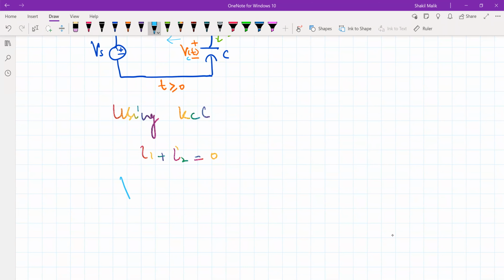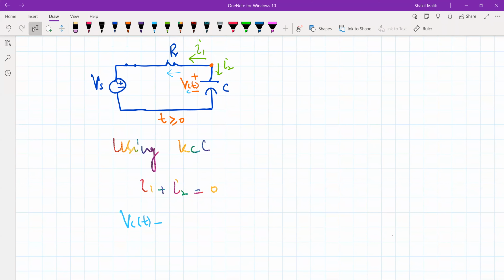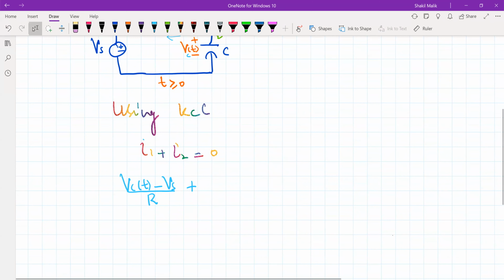So I1 is equal to Vc of t minus Vs divided by R. This is the current I1, plus I2, the current that flows through this capacitor, which we know is given as C dVc by dt. This is the capacitor current.